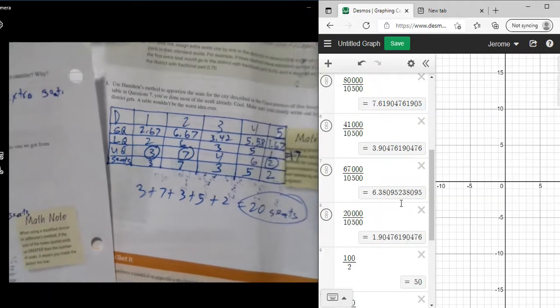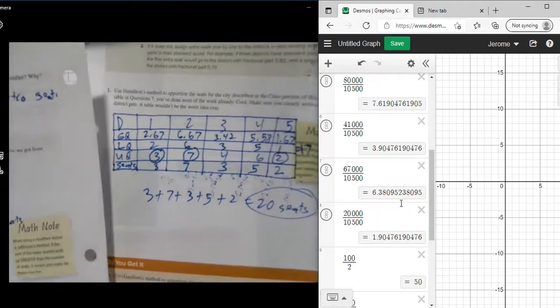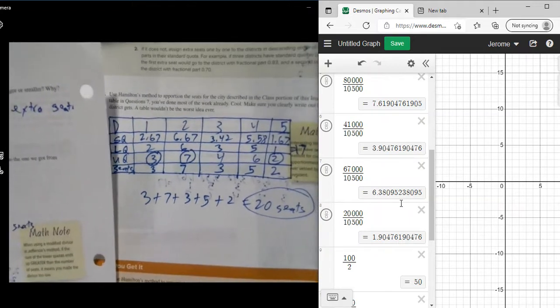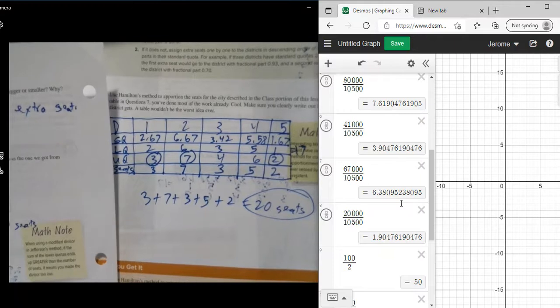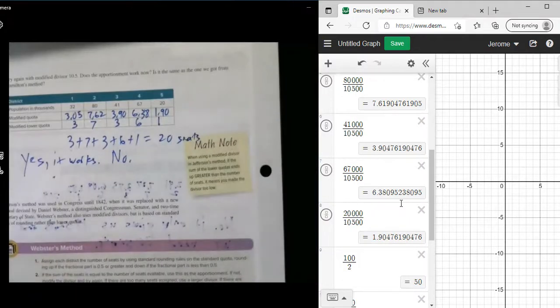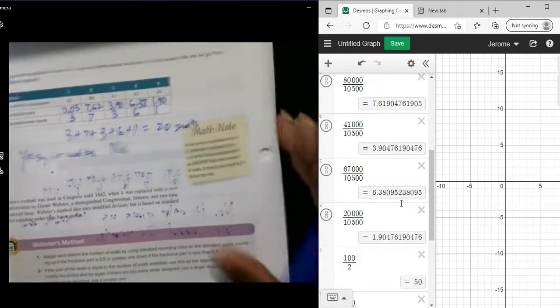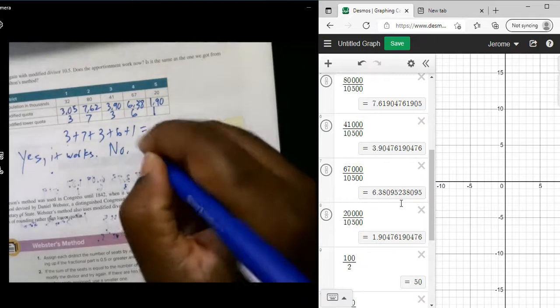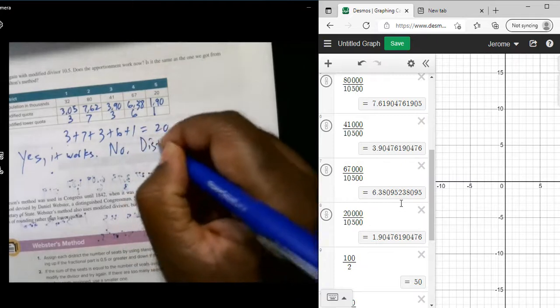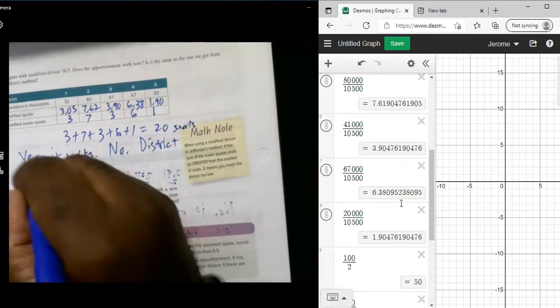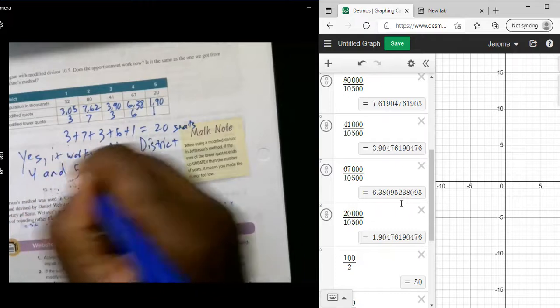If you look at District 4 and 5 from Hamilton's method, District 4 has 5 and District 5 has 2. But when we get to Jefferson's method, District 4 has 6 and District 5 has 1. So you could say no, District 4 and 5 are different.